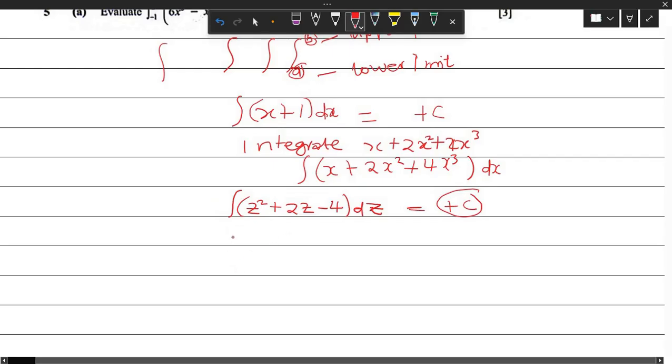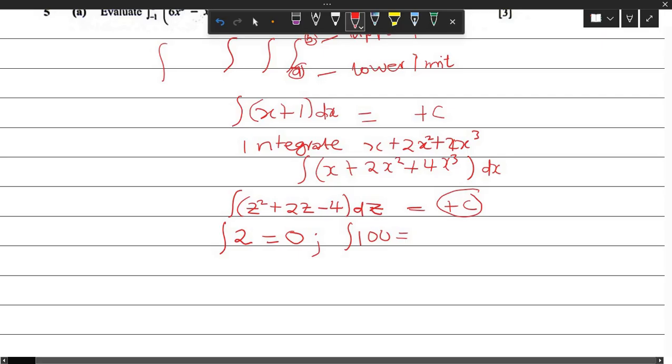So if you are integrating, for example, 2 is a constant. So every time you integrate the constant, your answer is what? 0. So a constant does not have an integral. So you can integrate, for example, 100.